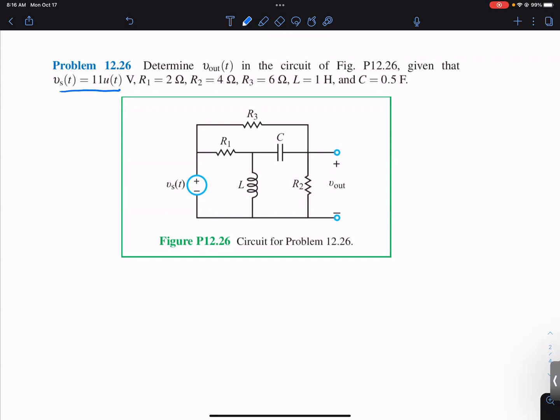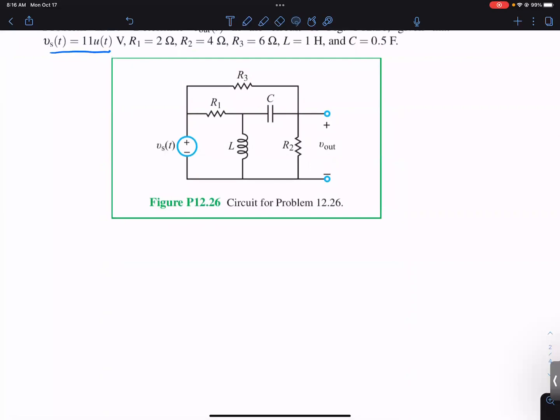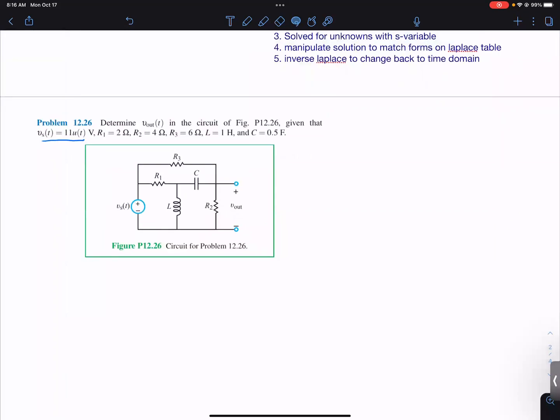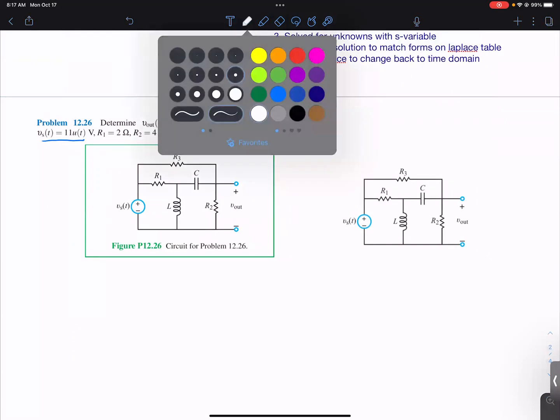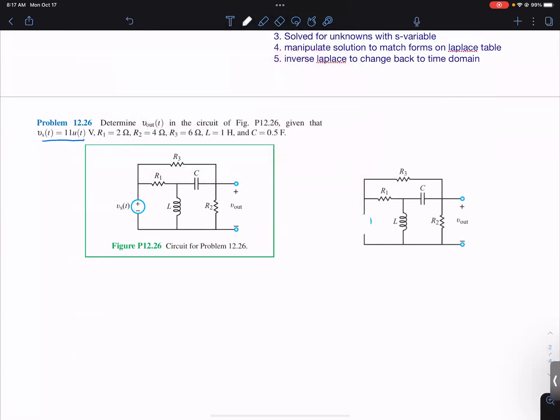Before time 0, your source is going to be 0. So I'm going to redraw the circuit, and that's going to change your input to be 0.